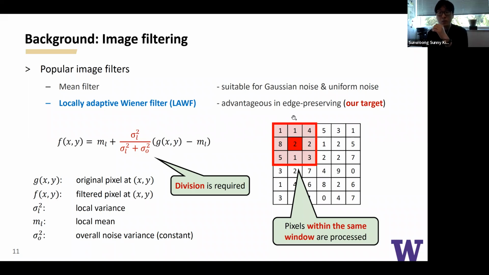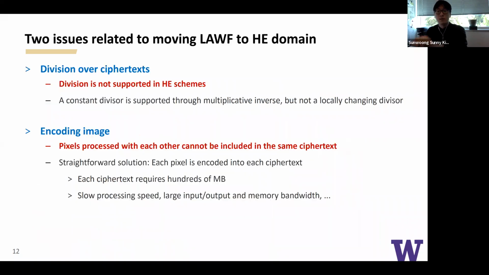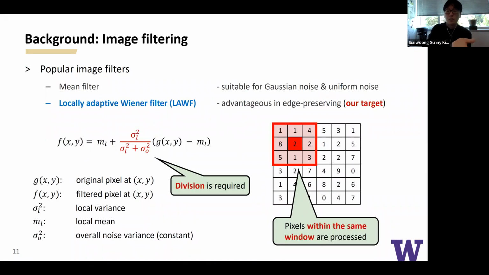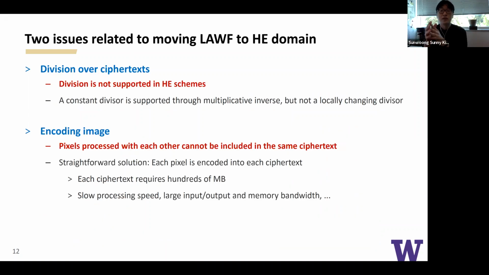And a window scans the entire image, and local variance and local mean values keep changing. And the green colored speech bubbles make some issues when the original locally adaptive Wiener filter is moved to the homomorphic encryption domain. And here is the summary.